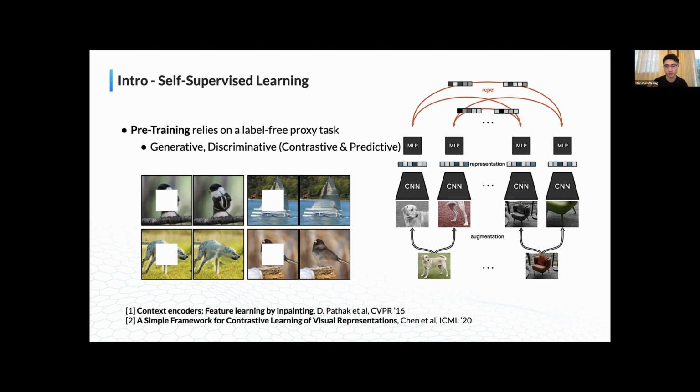You use contrastive-based losses to let the network make augmentations from the same image similar, and augmentations from different images different. Essentially, it's an instance discrimination task, and it is known as contrastive learning.